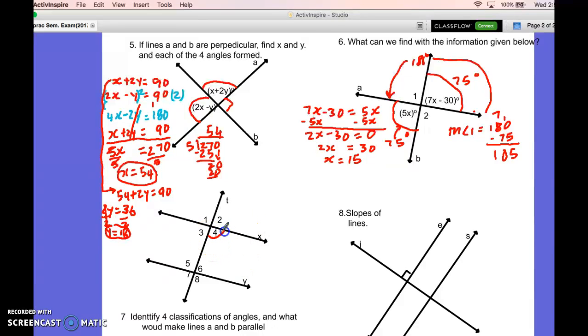Those would be angle 4 and angle 5, or we could say angle 3 and angle 6, alternate interior angles. Yes. How about our alternate exterior angles? That would be angle 1 and angle 8. Also, angle 2 would be alternate exterior with angle 7. Okay?